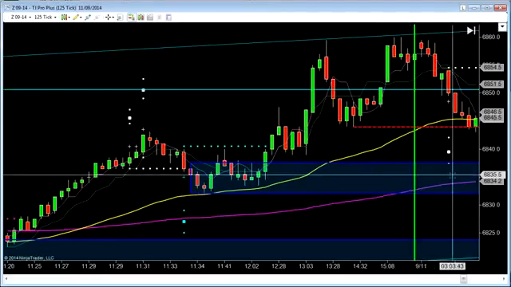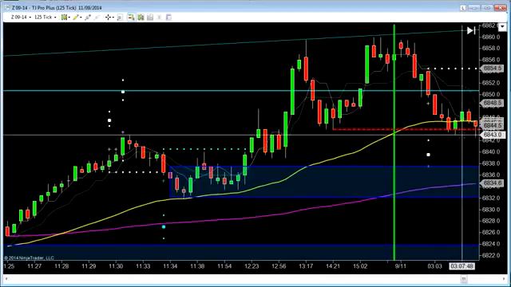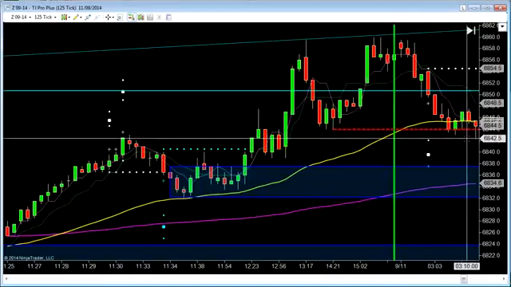So at this point we then moved up a little bit, and then we came back down and we retested, and we just got through by one tick.